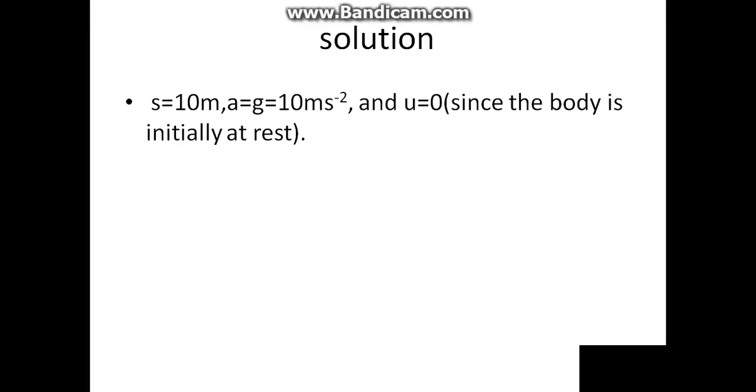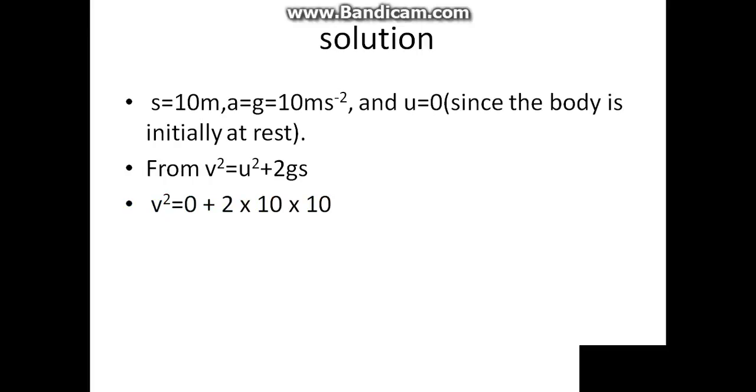From the third equation of motion, we have that v squared is equal to u squared plus 2gs. v squared, which is the final velocity squared, is equal to initial velocity, which is 0, plus 2 times 10, which is the acceleration due to gravity, times 10, which is the distance.